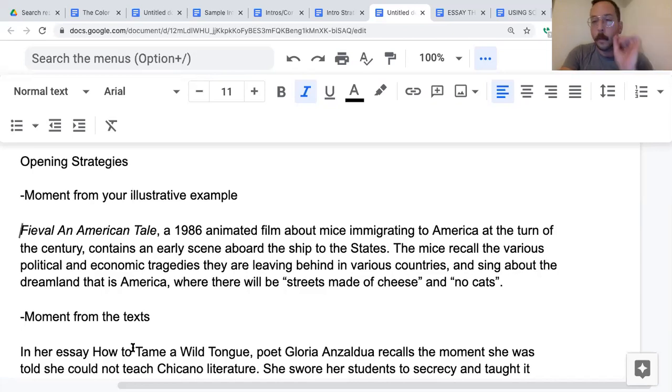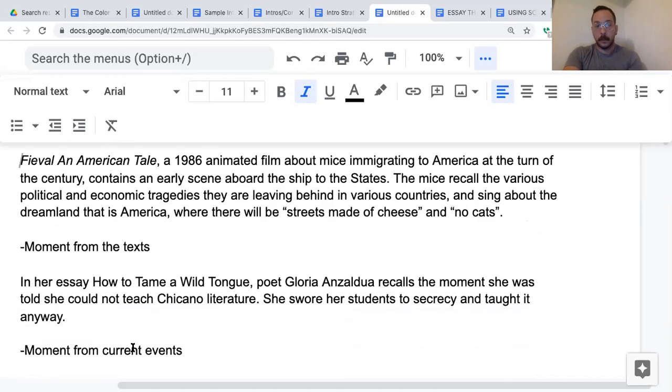But I'm focusing on one scene, one moment. I'm not summarizing the entire film in this paragraph, because that is what I will do in my illustrative paragraph. This is just an introductory strategy, a couple sentences to open your essay, your introduction. You're choosing one specific moment.